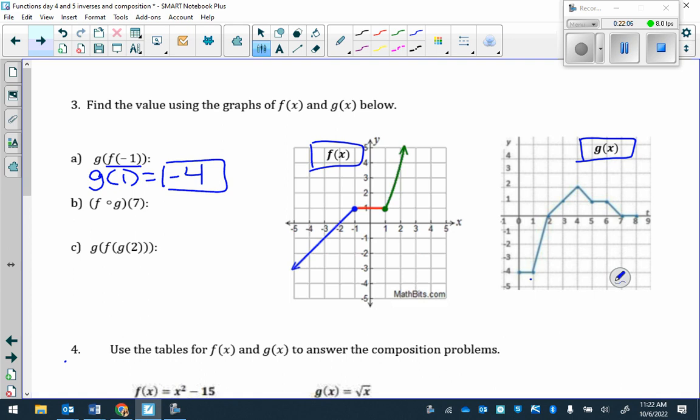Okay. For b, what do you have to find first? G of 7. So G of 7 is 0. Then we have to find F of 0, which is 1. Good. All right.